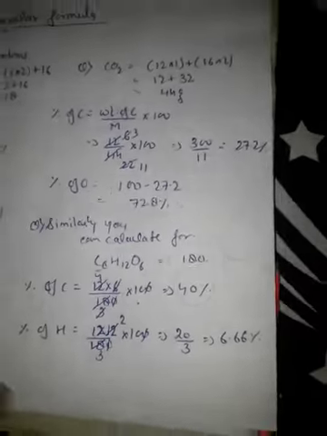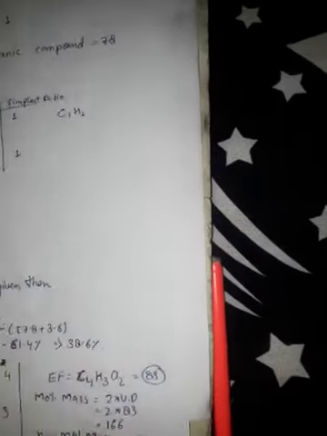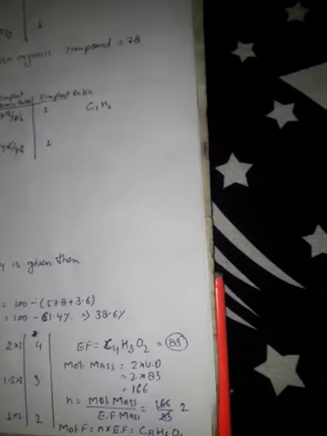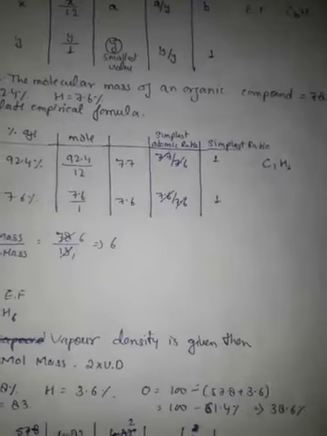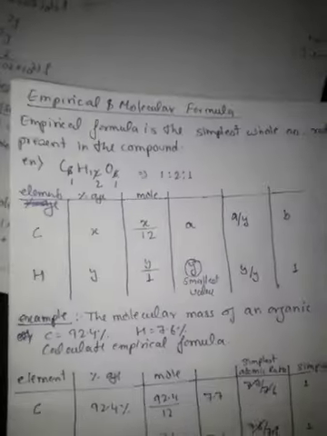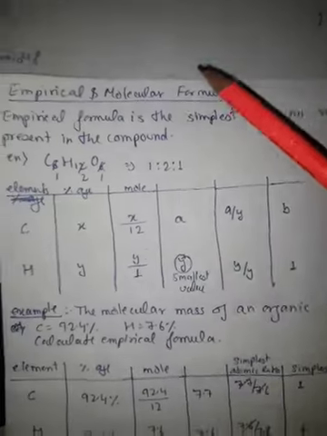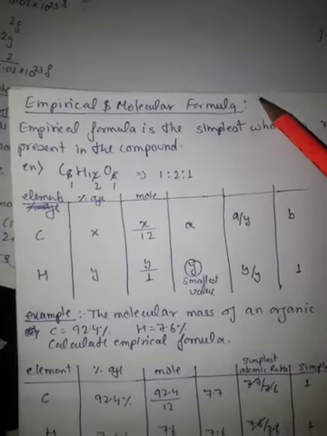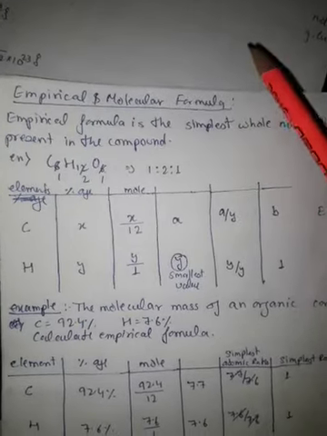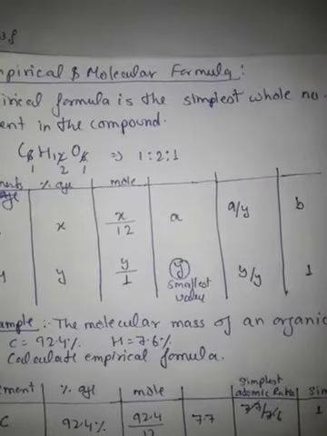Now further, to discuss molecular formula and empirical formula, the percentage composition is needed. So we have discussed the percentage composition first. Now how to calculate empirical formula and molecular formula. See, what is the empirical formula?